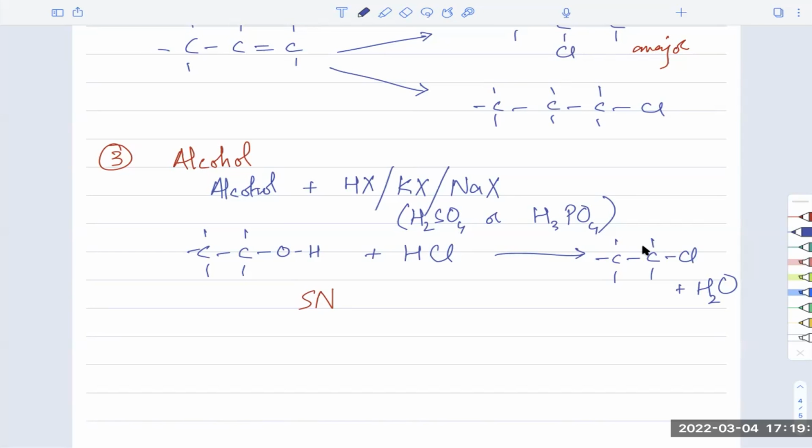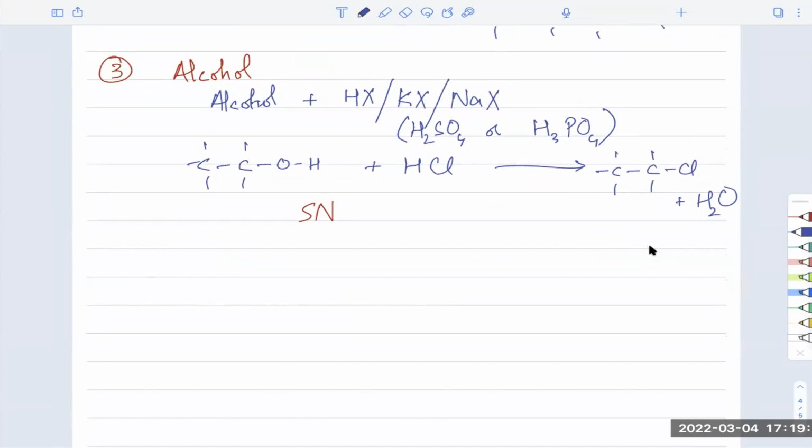If I'm not getting HCl, then for example, if I wanted to do this, I will add sodium bromide, or I could use potassium bromide. But I will still add H2SO4 to act as the stronger acid. I don't want the alcohol to act as an acid.